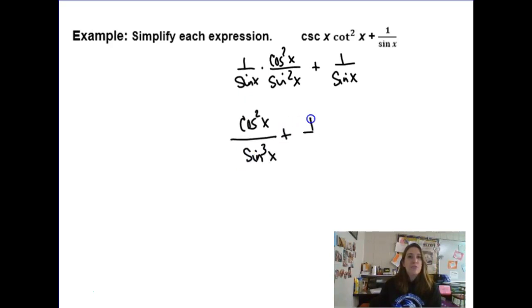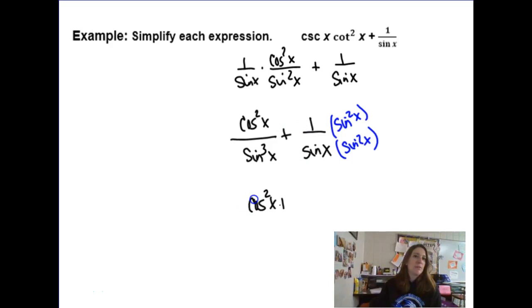And I'm trying to add two fractions together, so the only algebra manipulation I can think of is to get common denominators. So I need 2 more sines in this fraction, so I would multiply numerator and denominator by sine squared. And then this common denominator would allow me to add these numerators together, and I'd get cosine squared x plus sine squared x over, kind of weird, sine to the 3rd power.